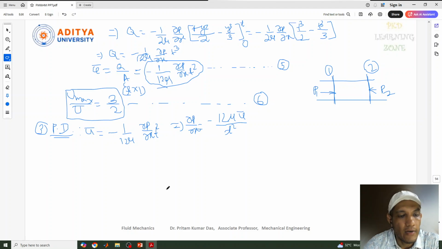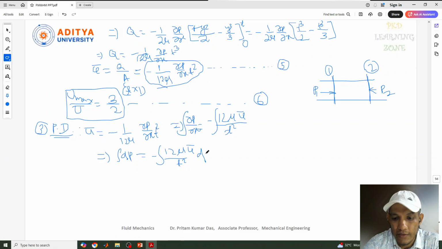And now what we'll do, I'll just integrate this equation with respect to X. Okay, so let's integrate this equation with respect to X. Then what I am going to get: integration of del P, so only del P will be there. Keep one side, this one, and this one I can write in this way, u bar by T square, and here you can write dx.